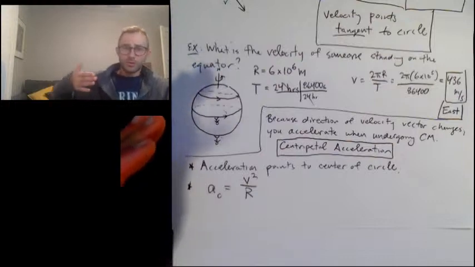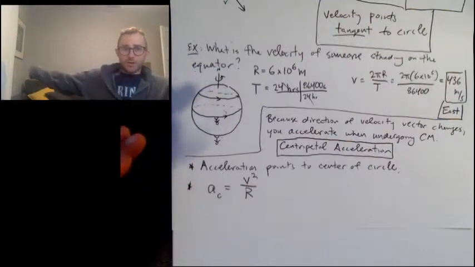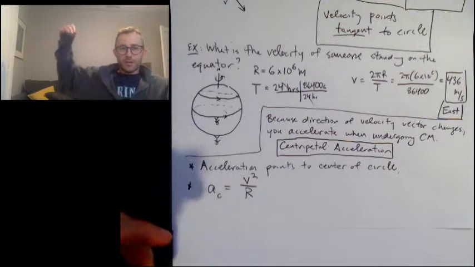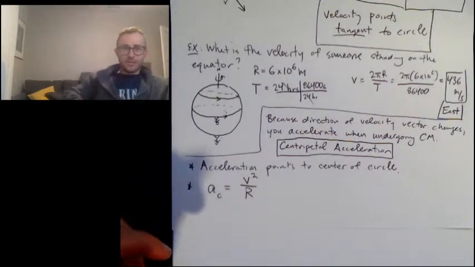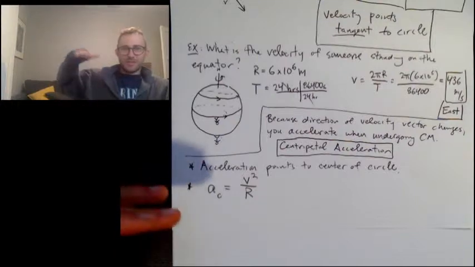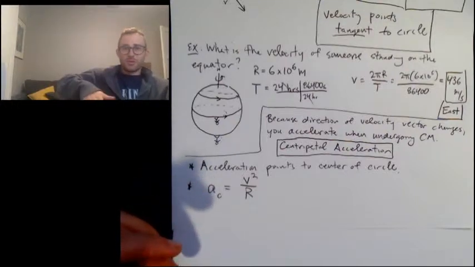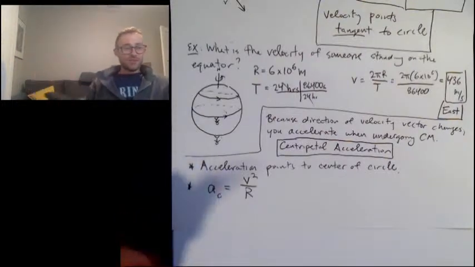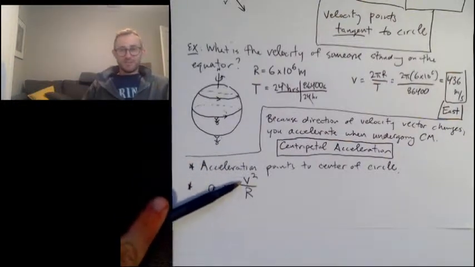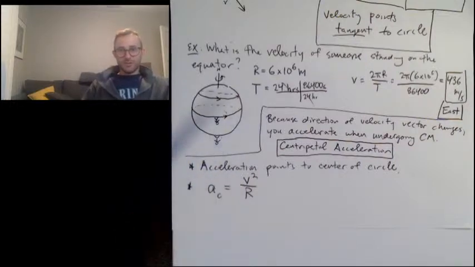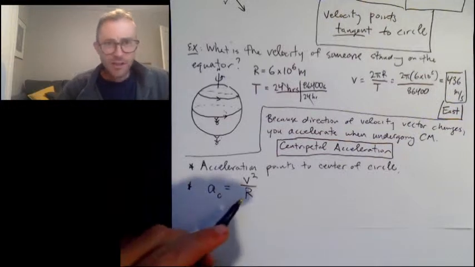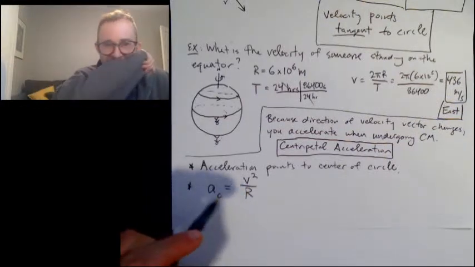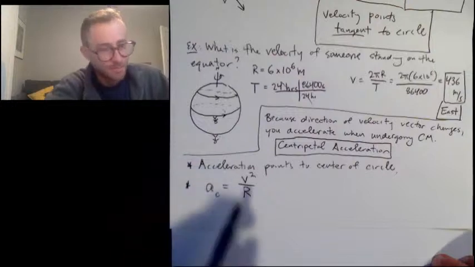If you're on a roller coaster, you could be going in a really big arc, a really big circle, but because that circle was at the bottom of a drop, you've picked up a lot of speed, which results in a large centripetal acceleration. So that's an important formula.